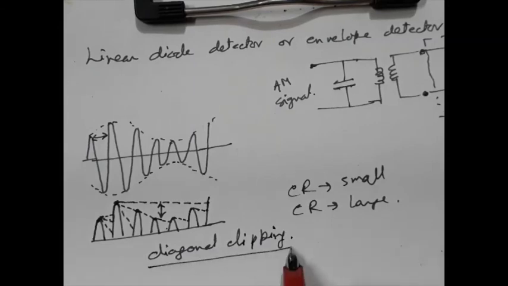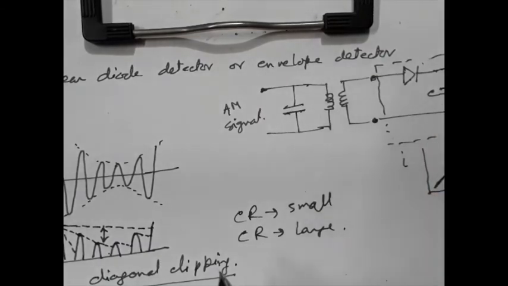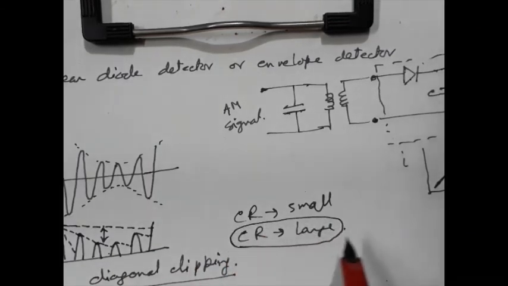So diagonal clipping is a phenomenon in which the output voltage of this envelope detector will not be able to follow the original message signal properly, and it happens when this CR time constant is very large compared to the desired one.